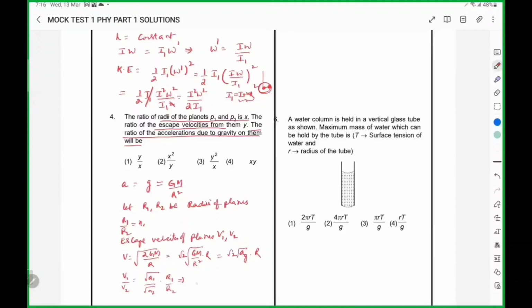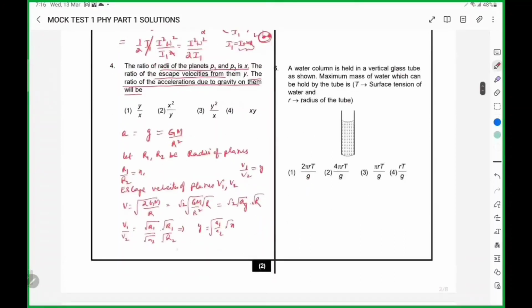So v1 by v2 is given as y. Ratio of escape velocities is given as y. Accelerations, so this we are given as x, which implies a1 by a2 is y square by x.